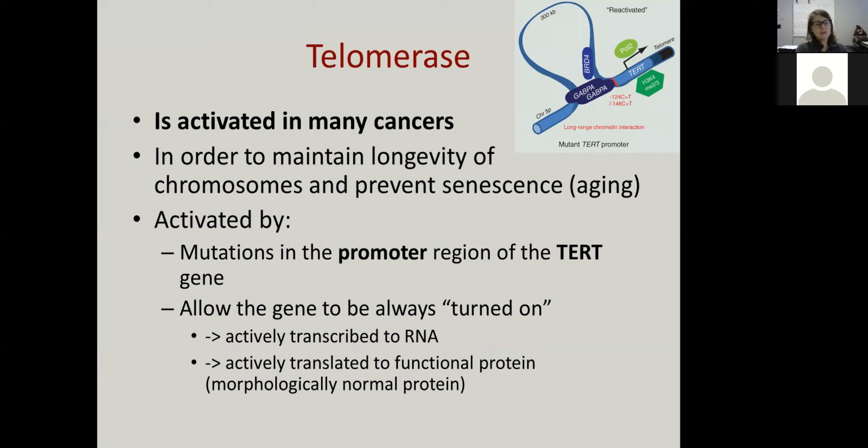So this tends to be mutations, as I said, in the promoter region of the TERT gene, such that much more TERT is transcribed than normal. So the TERT itself is not mutated, it's much more actively transcribed because of the promoter being mutated, okay?